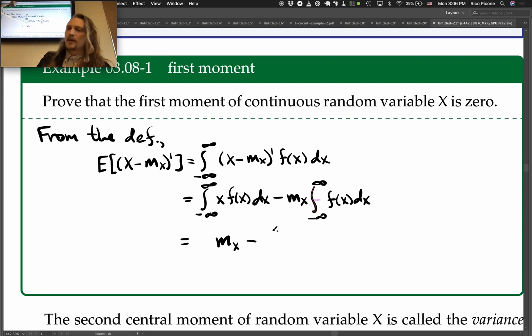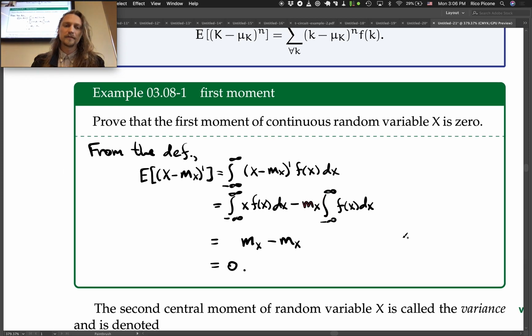So we're just left with m x minus m x, and you take the difference and you get 0. So the first moment of a continuous random variable is 0. Always.